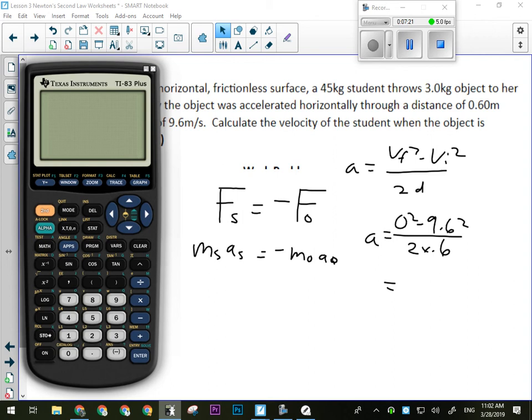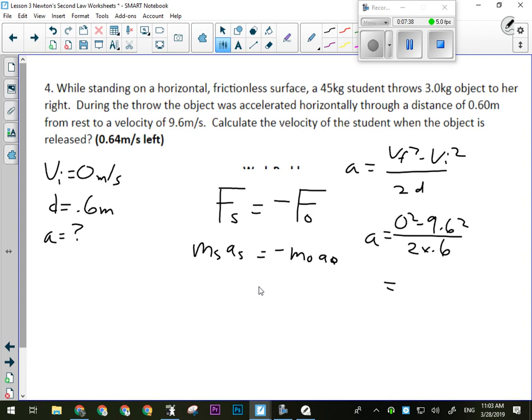All right, so the acceleration of the object is 9.6 squared divided by 1.2. All right, so the acceleration of the object is 76.8 meters per second squared. Okay, it's big, but it's small. Okay, the mass is small. Its acceleration is big, its mass is small.